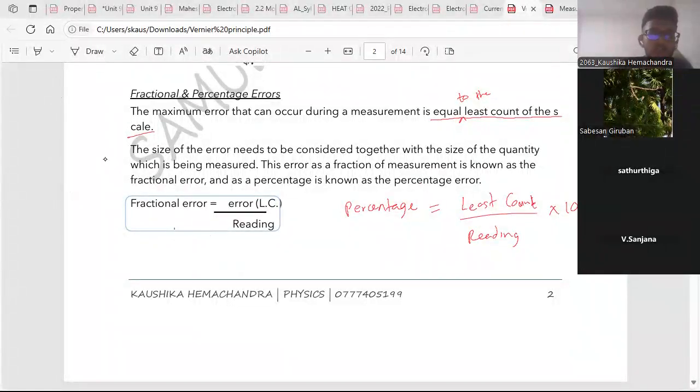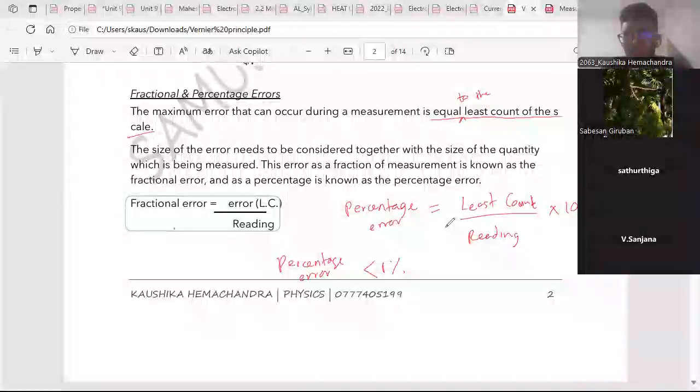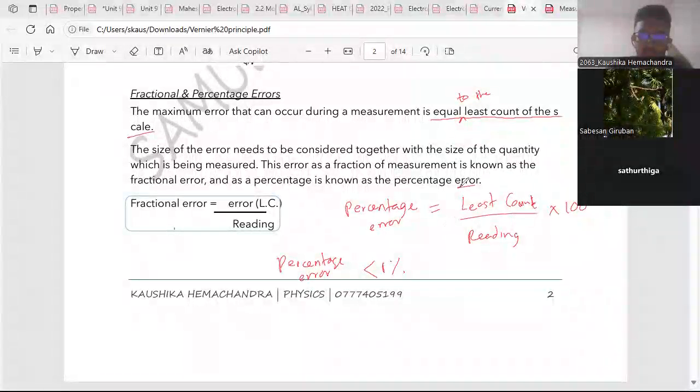For us to have an accurate measurement, the percentage error should be less than 1%. Otherwise, if it is greater than 1%, it is not accurate enough. For a given instrument, least count can't be changed.